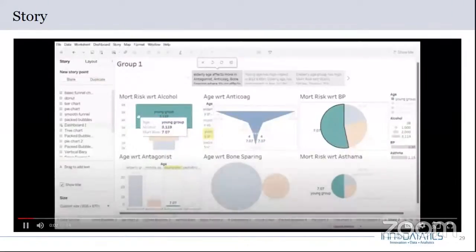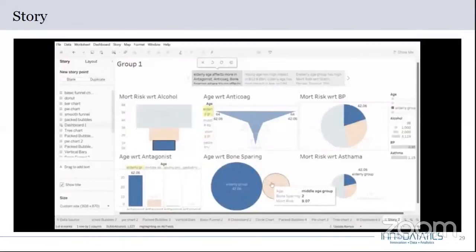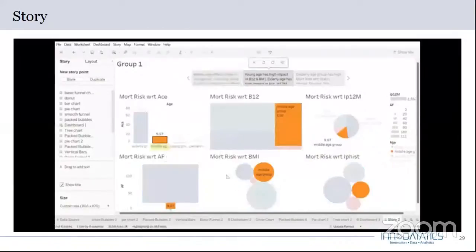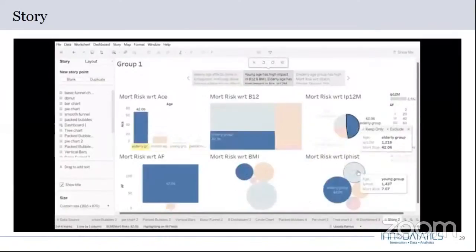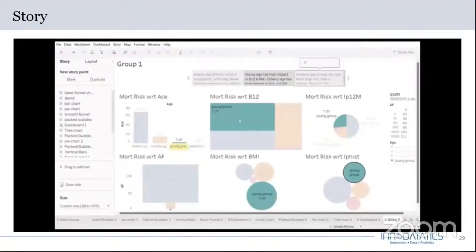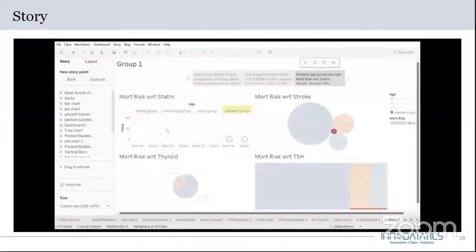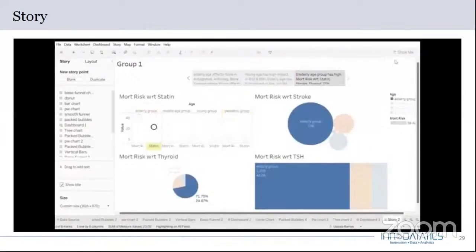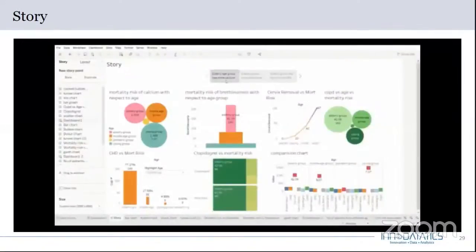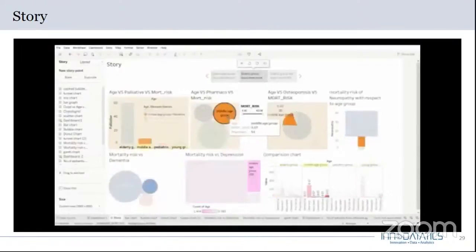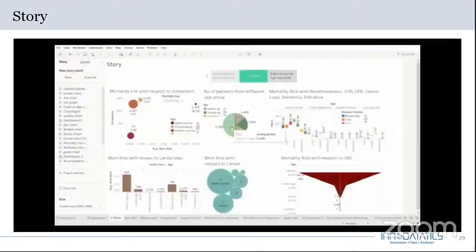Here we can see that the elderly age group is affected more in anticoagulants, and the young age group is affected more in B12, BMI, etc. In this dashboard, the elderly age group is affected more in statin, stroke, and TSH. Here we can see that mortality risk is high in calcium with respect to age in elderly age groups, and here the young age group has high mortality risk in pharmaco.